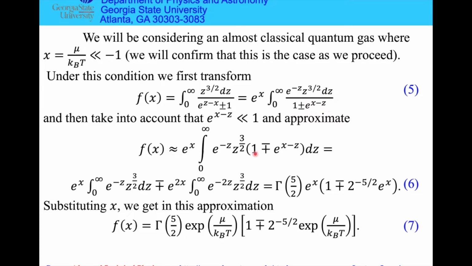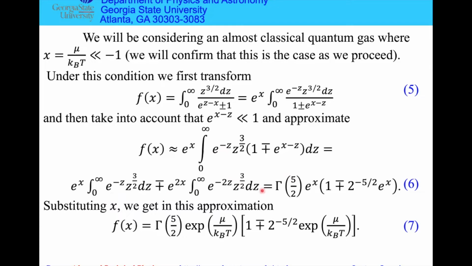So I can expand. It will give me 1 minus plus this exponential. Opening up this parenthesis, I get two integrals: the first is with 1, and the second is e to the power of x minus z. Again, x is not a variable of integration, so e to the power of x can be taken out of the integral. This gives me e to the power of 2x, and I'm left with the integral of e to the power of minus 2z. The power of z is the same.